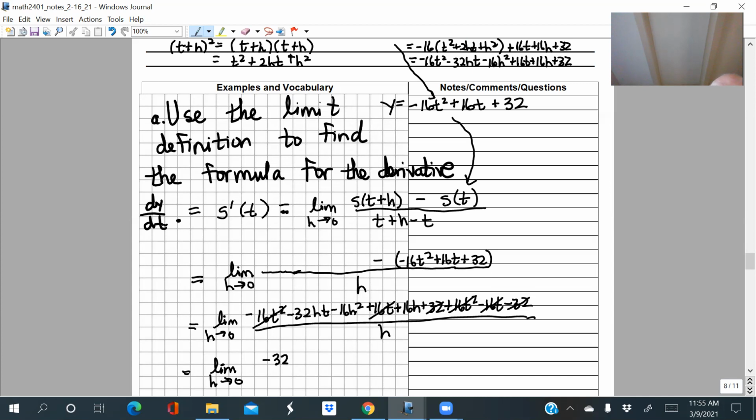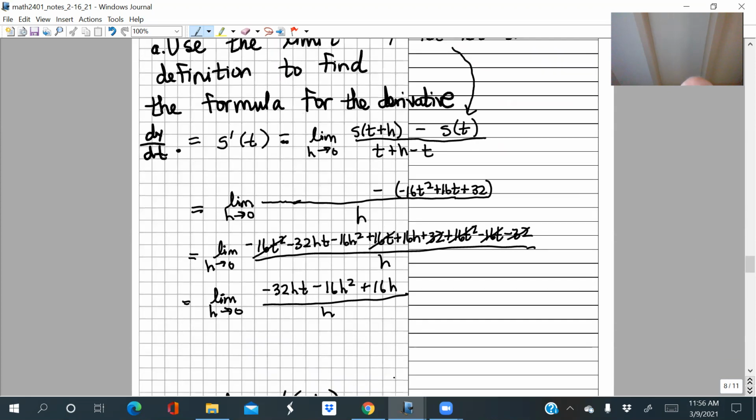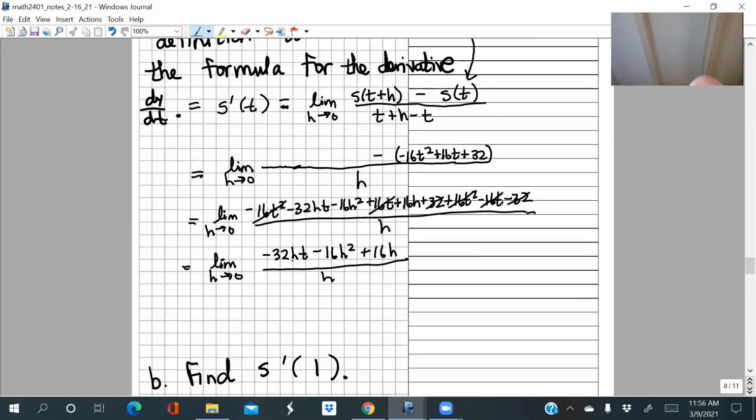So we have minus 32h times t minus 16h squared. What's left? Plus 16h. And then these terms are all gone. And all of this is divided by h. But now things get even better, because notice this h will divide into every term in the numerator. So that means you can divide it out. You can divide this h into this one, it divides out.